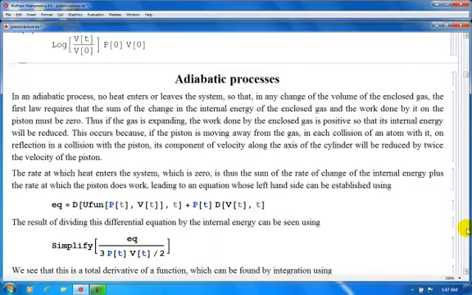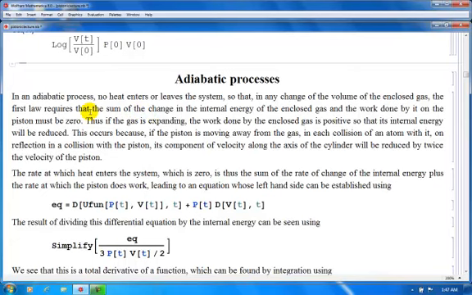An adiabatic process is one in which no heat enters or leaves the system, so that in any change of the volume of the enclosed gas, the first law requires that the sum of the change in the internal energy of the enclosed gas and the work done by it on the surroundings must be 0.